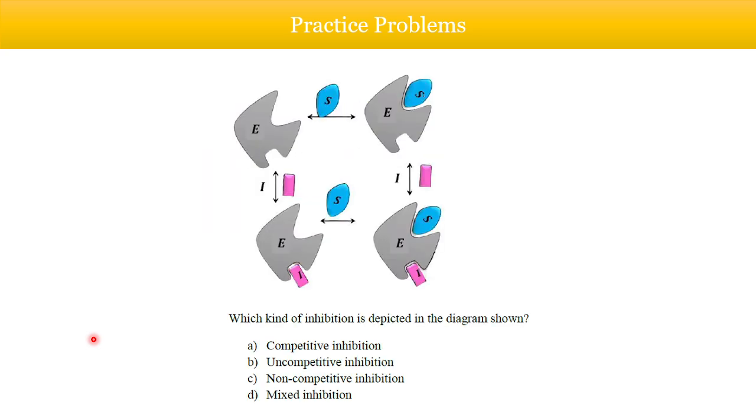So the last one, it was C. So what kind of inhibition are we observing? So you have the inhibitor binding to one side.